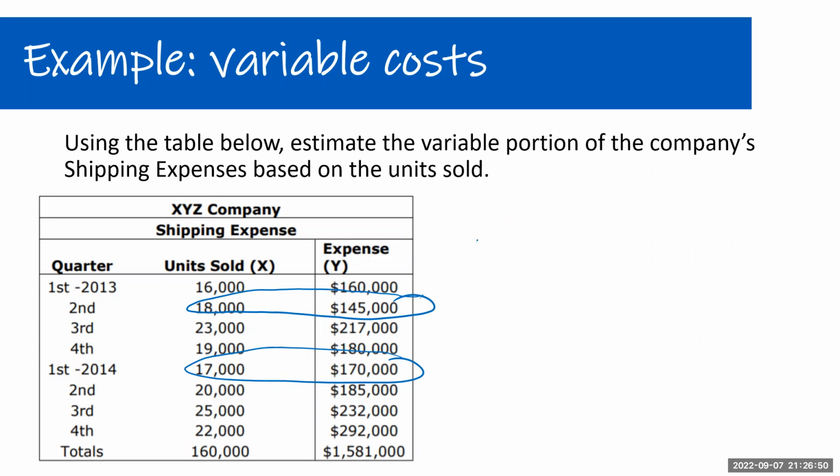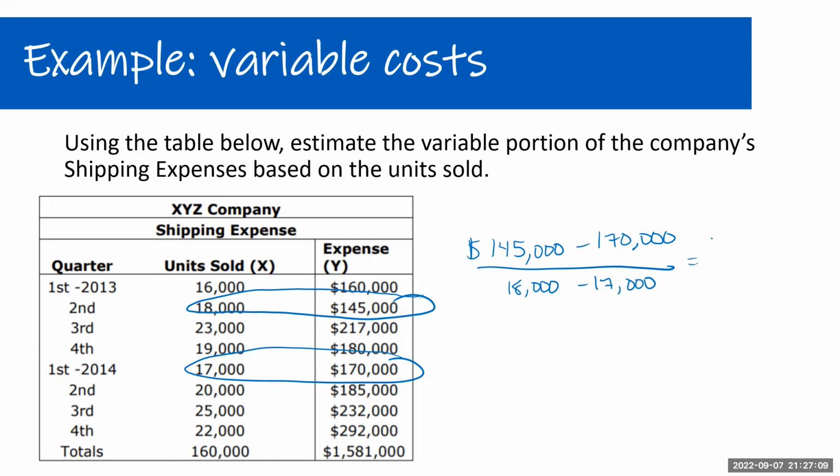Using these 2 points, we'd have 145,000 minus 170,000, divided by, in the same order, 18,000 minus 17,000.